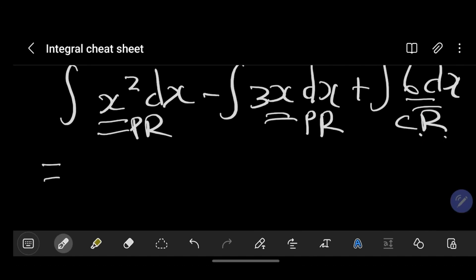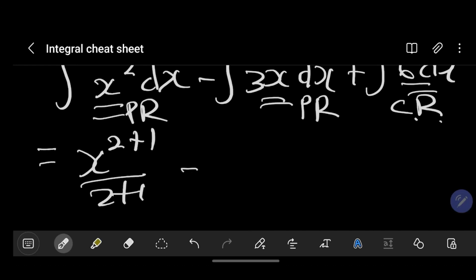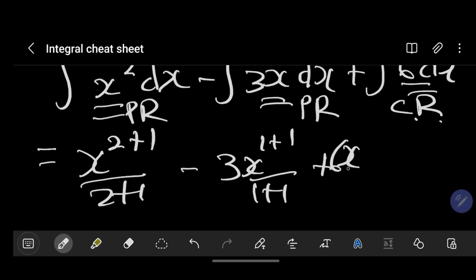So that's equal to x to the 2 plus 1 over 2 plus 1 minus 3x to the 1 plus 1 over 1 plus 1 plus 6x plus c.